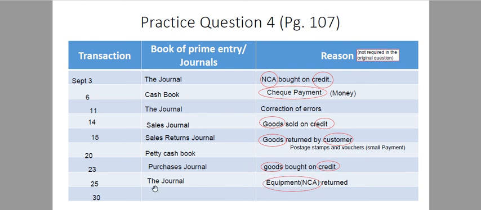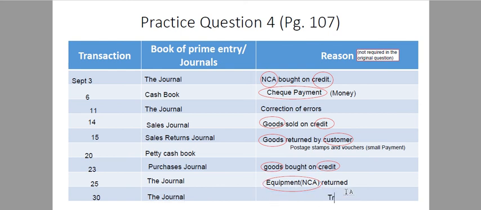The last one is expense accounts were closed to transfer into income statement. So again, it is a transaction which is transferring one account to another account, so that would be the journal again. Okay, and the reason being transfer the balance of an account to income statement.